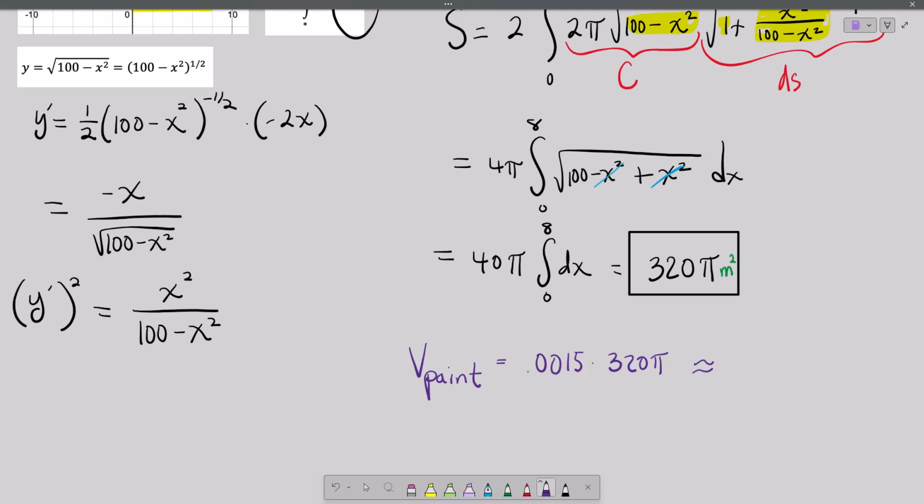So 320 multiplied by pi multiplied by 0.0015, 1.5 cubic meters of paint, approximately. So this one was an application where units were given. Anytime we are given units, we want to follow through with those units. So meters cubed for volume.